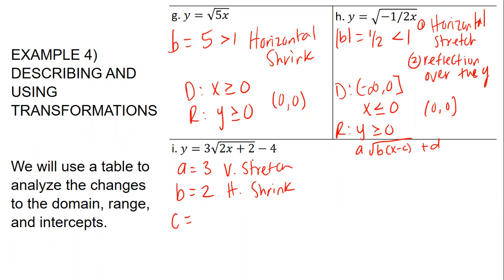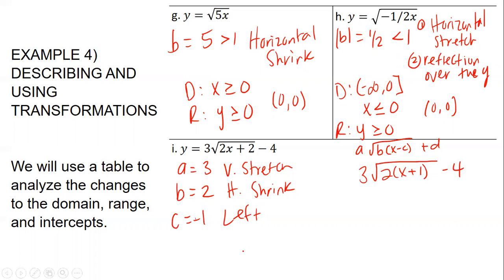Is this in that format? No. So in order to know what your c really is, you have to divide out your b. So this is really 3 square root of 2(x plus 1) minus 4. So your c actually equals -1, which means that it went left.